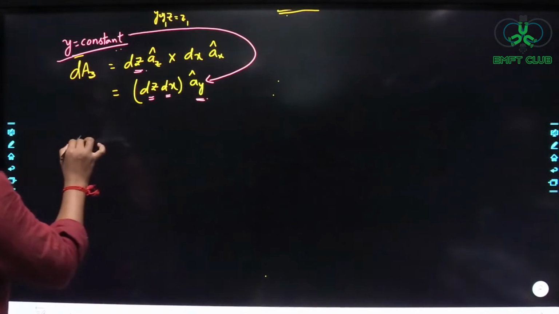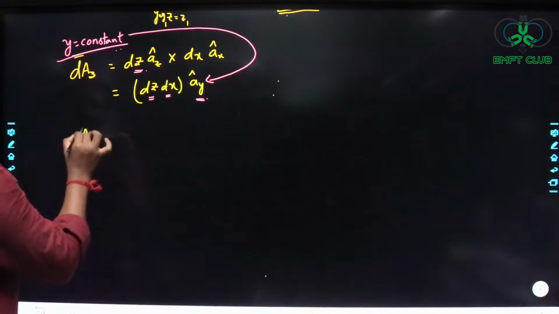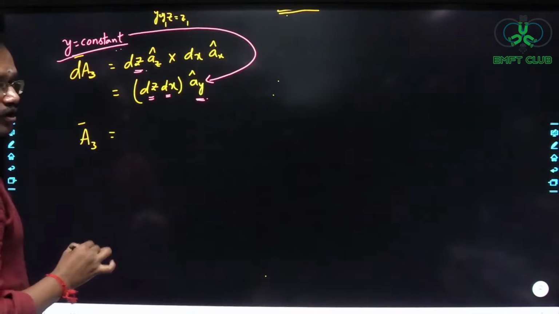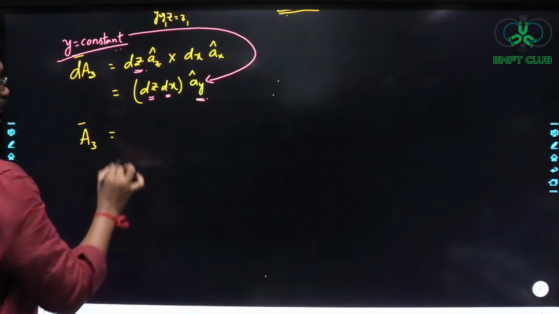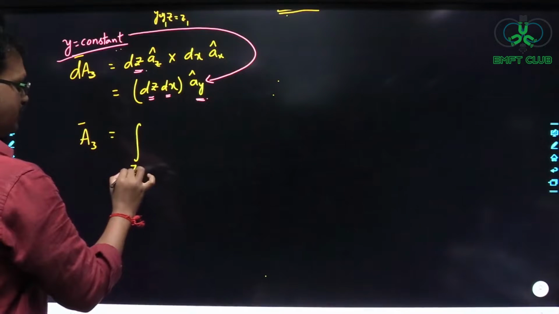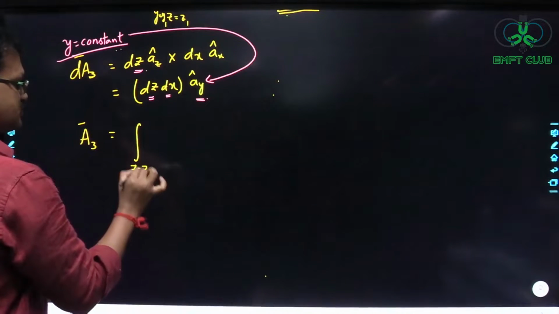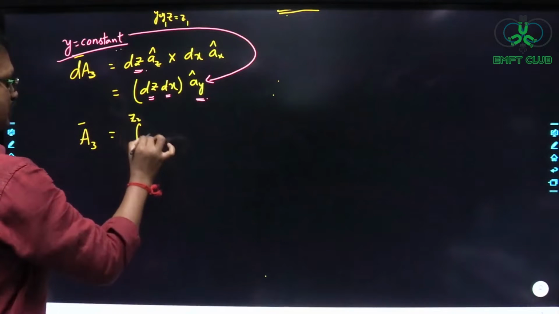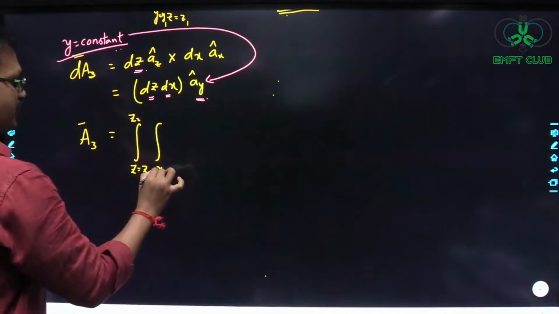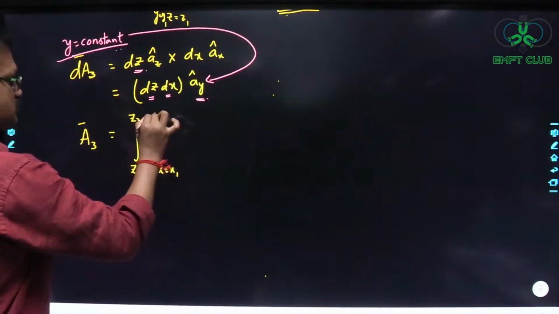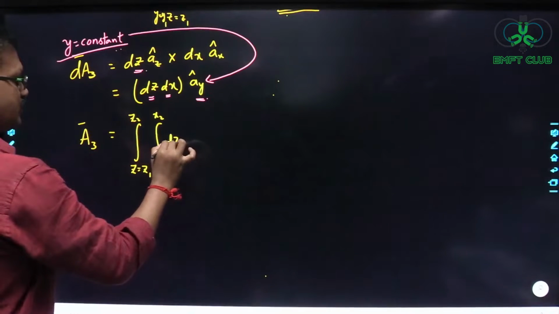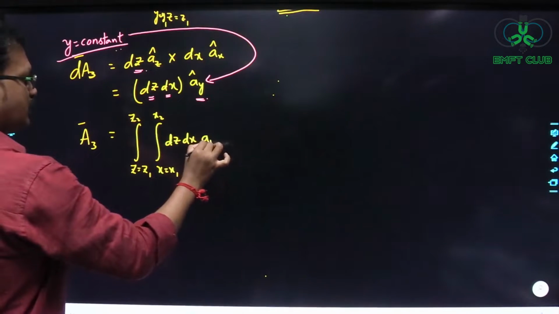Next, what is the total surface area here? If you want the total surface area, you have to integrate with respect to z and with respect to x. So let us say z is varying from z1 to z2 and x is varying from x1 to x2, so the integral of dz dx ay cap.